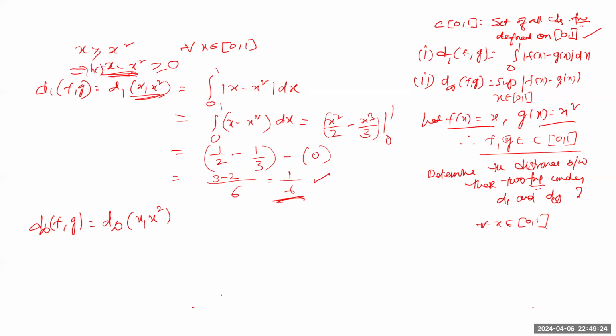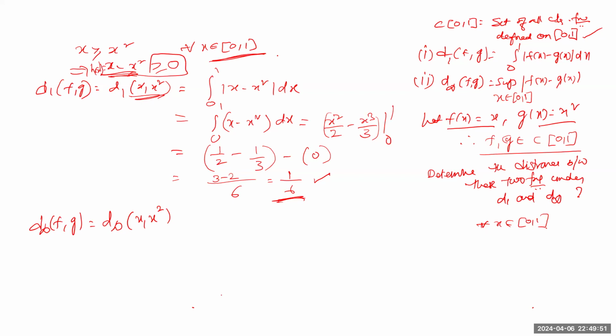H of x is equal to x minus x square. So x is continuous, x square is also continuous. The difference is also continuous. But what happened here? That h is a non-negative function. That is, h is greater than or equal to 0 for all x belonging to 0 comma 1, right?